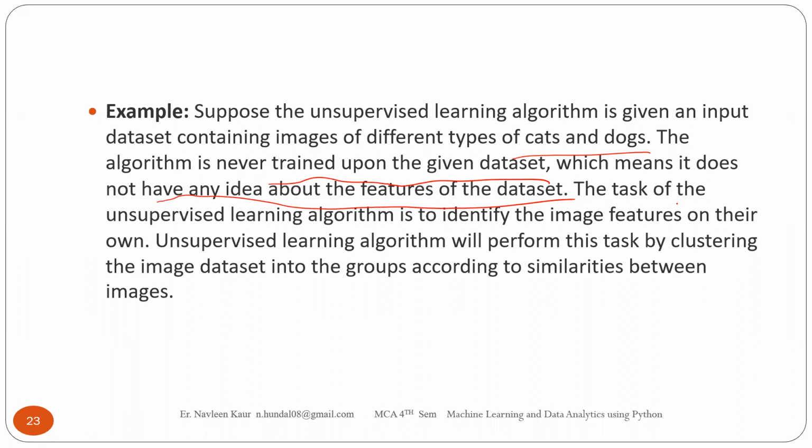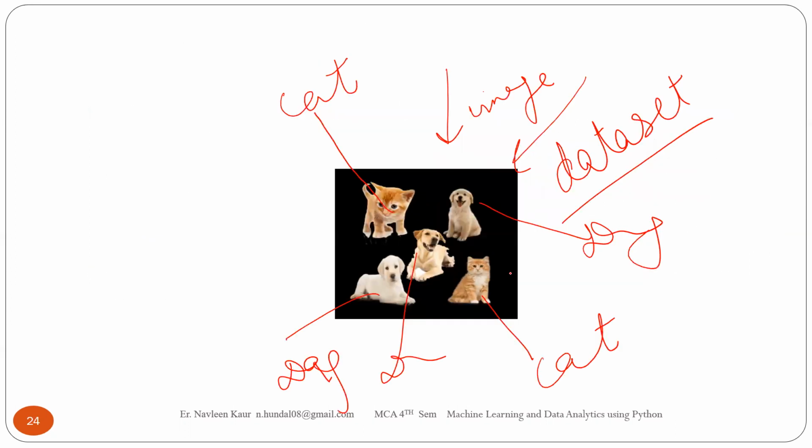Now the task of the unsupervised learning algorithm is to identify the image features on its own. I'm not sure that it will be able to say that this is a cat and this is a dog. It will identify the features on the basis of the shape of the ears, the color of the eye, the height of the creature, the shape of the mouth, and so on.